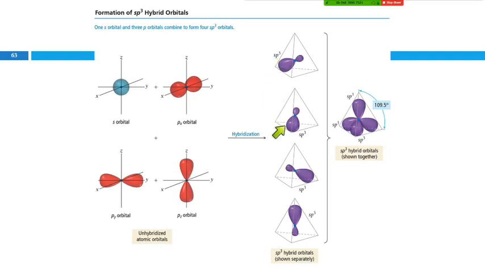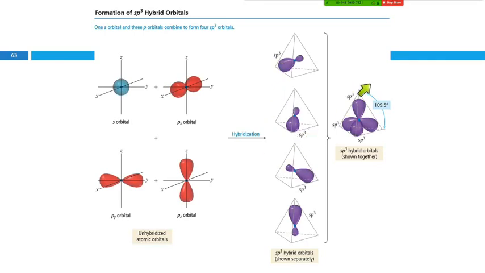Each of these new orbitals has the same shape, has the same energy, but they're going to be oriented in space to get away from each other, just like in VSEPR theory. So instead of the p orbitals oriented along x, y, and z axes, these are four that need to get away from each other, and so in three-dimensional space they will make a tetrahedron.